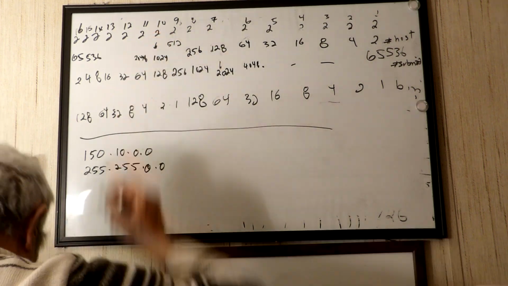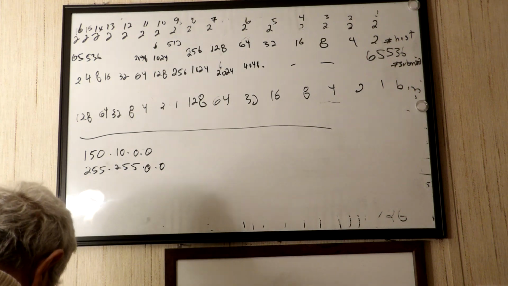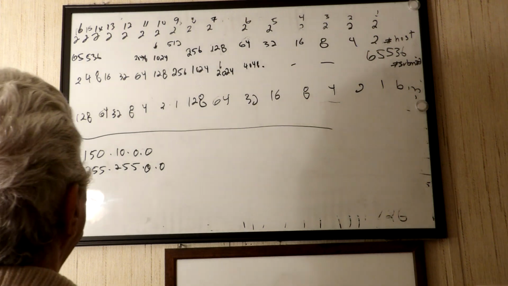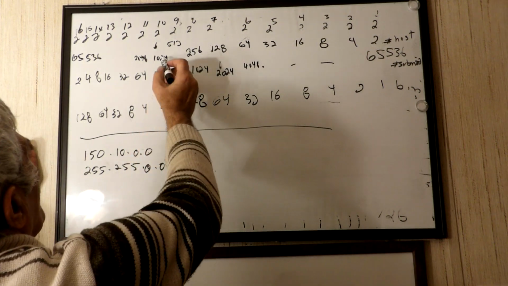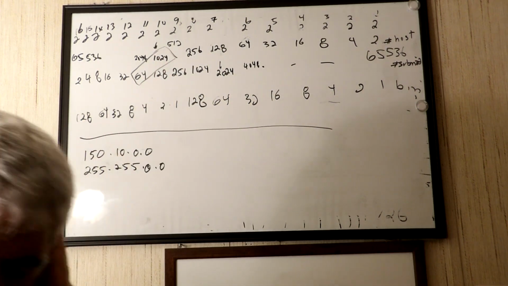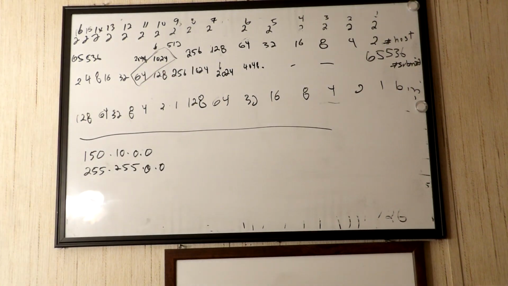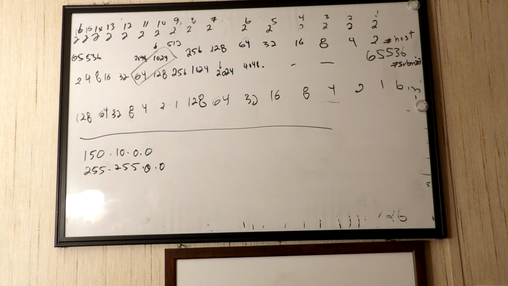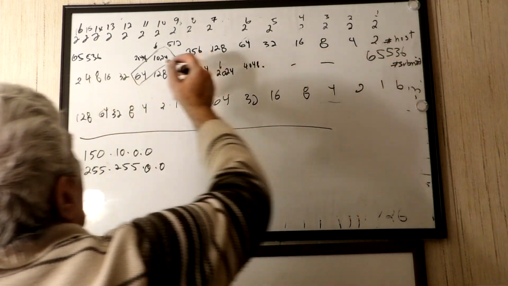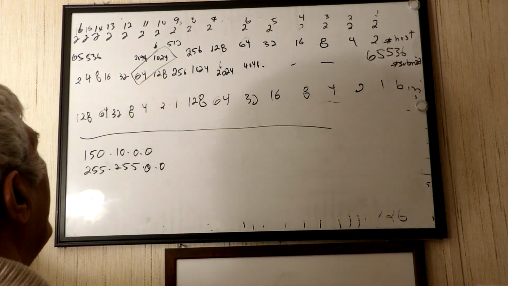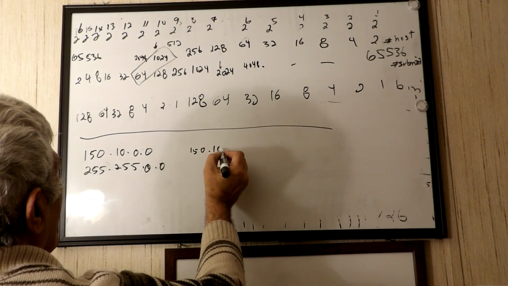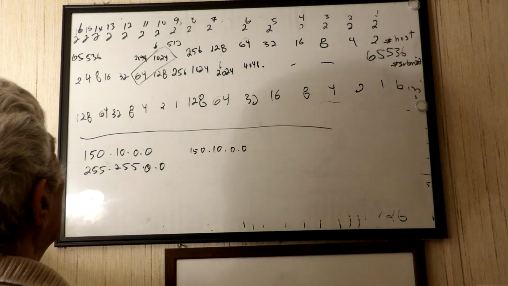So it will say that you want to have 10,000. 1,024 hosts. This is the host, and this is subnet, and 64 subnets means you are going to start to write down 150.10.0.